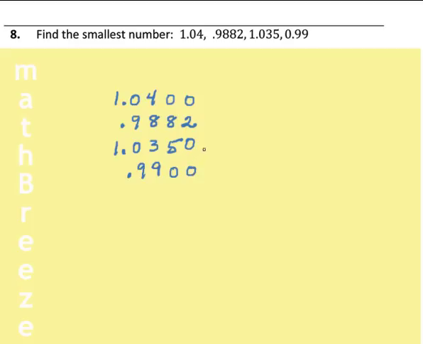Ignoring the decimal places, this time we want the smallest number. So let's look at these. Here we have, okay, this number is 9,900, ignoring the decimal, and this one is 9,882. So this one is the smallest, 9,882. All right, so that's it. 0.9882 is the smallest number.